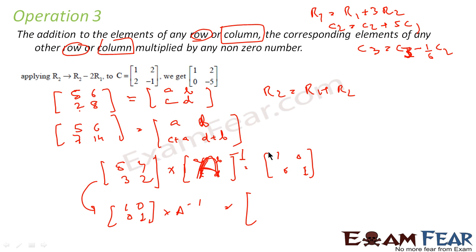So this into A inverse, and then this side will change. This will have some values. So whatever value you get here, I'll just put A, B, C, D here, I don't know the value. That is nothing but A inverse of this. So finding A inverse is simple. You write this equation, apply all the operations, and make this 1, 0, 0, 1. In that case, this becomes A inverse. So this is one example of operation usage.